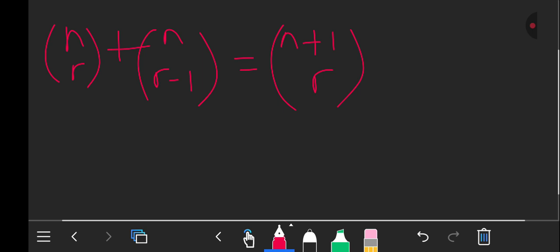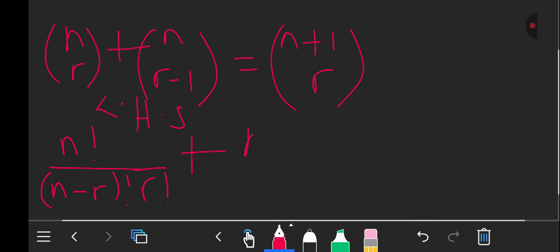So the complicated side is the left hand side. So I'm going to say, taking the left hand side, n combination r, as we did in the previous question, is n factorial over n minus r factorial, plus n combination r minus 1.